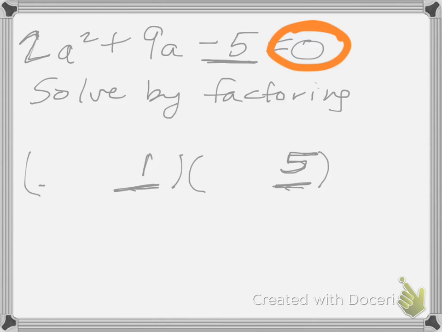On the next part, the first terms of the binomials are factors of that number. I picked easy ones in the fact that the only factors of 2 are 1 and 2. And I need some a's.